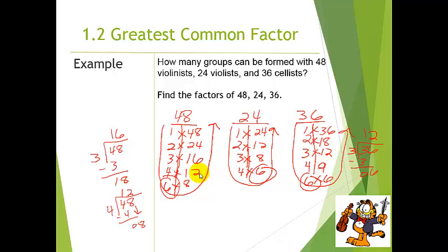And then 12. Oh, that's another one that's in common. 16, not in those. 24, I have a 24 here, but it's not in there. And 48 is not in there. So your greatest common factor, the one that's in common of all of those, is going to be 12. And that's it.